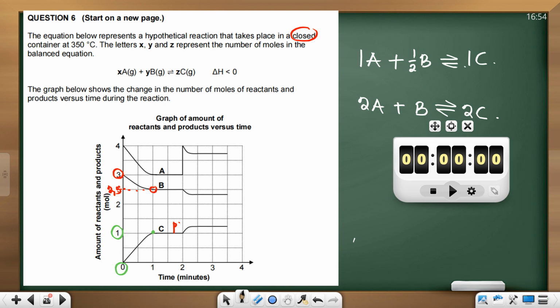0.18. Are you sure, people? Oh, 0.18. Loniel also got 0.18.